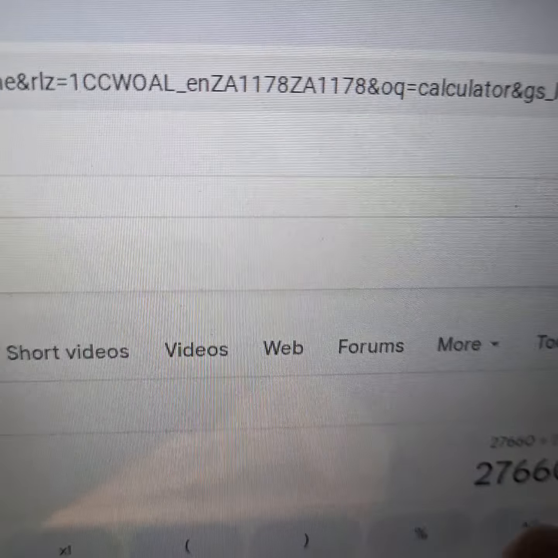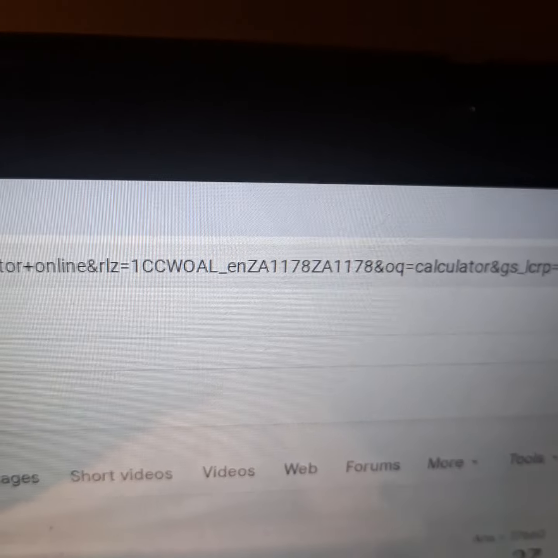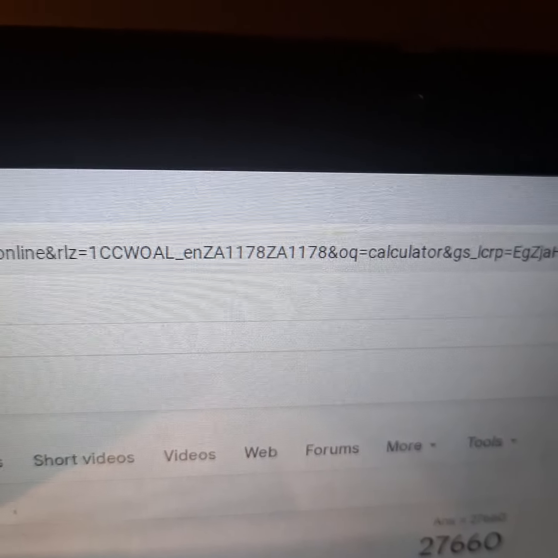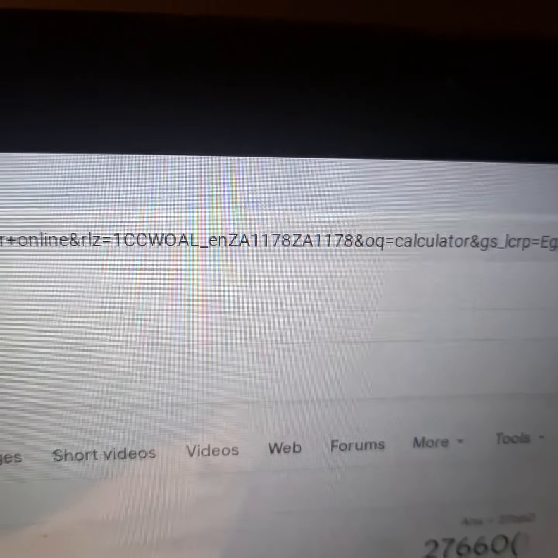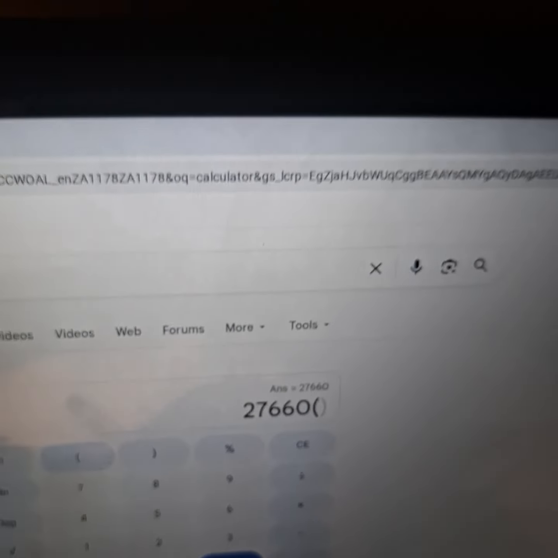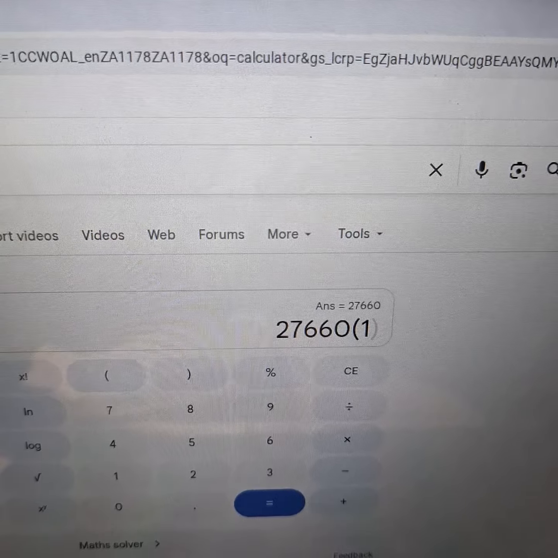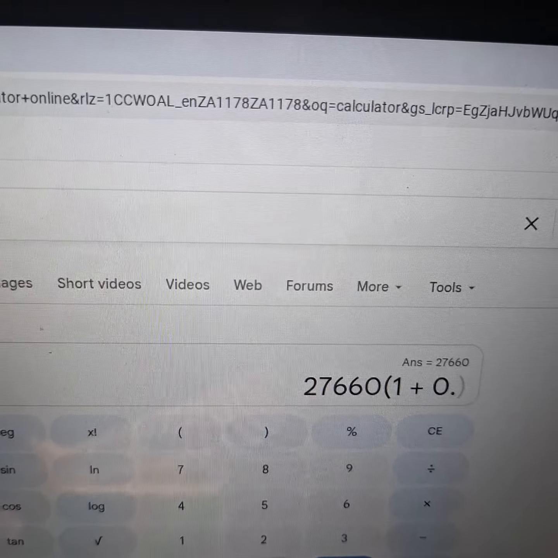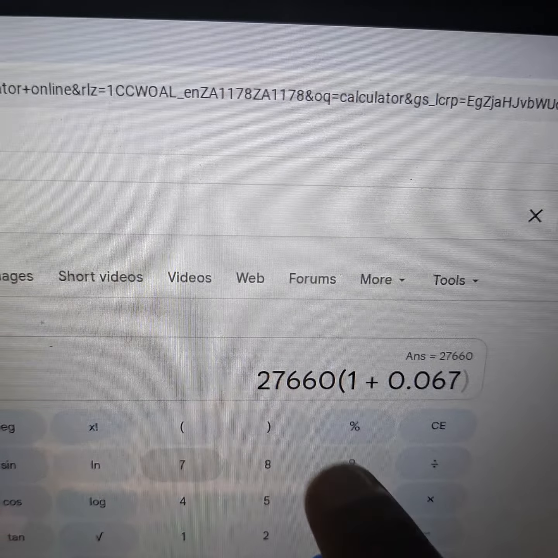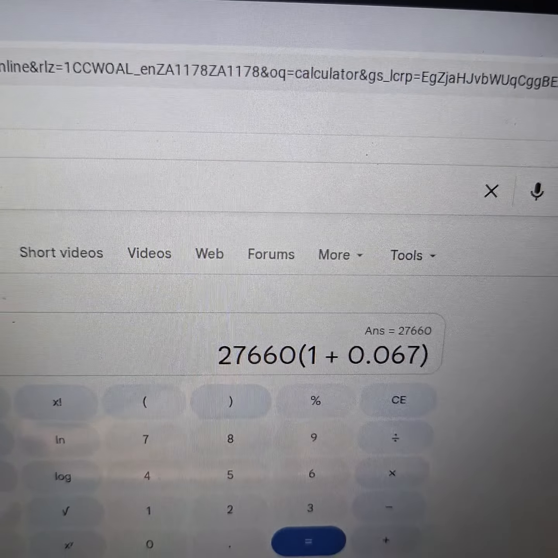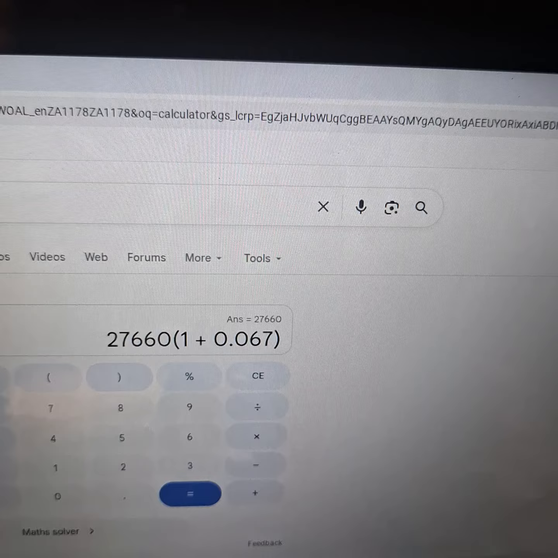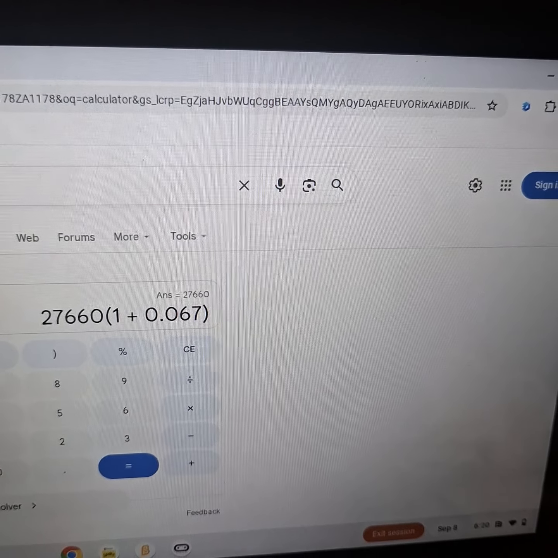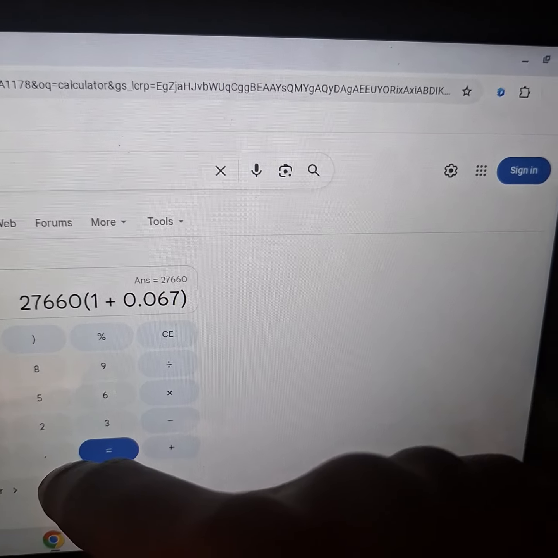Sorry, let me just redo this again. So 27,660. Then we do the brackets, and we say 1 plus 0.067. Please guys, on your calculator you would utilize that correctly. Then the only question now is, how do I write the exponent, which is 5?